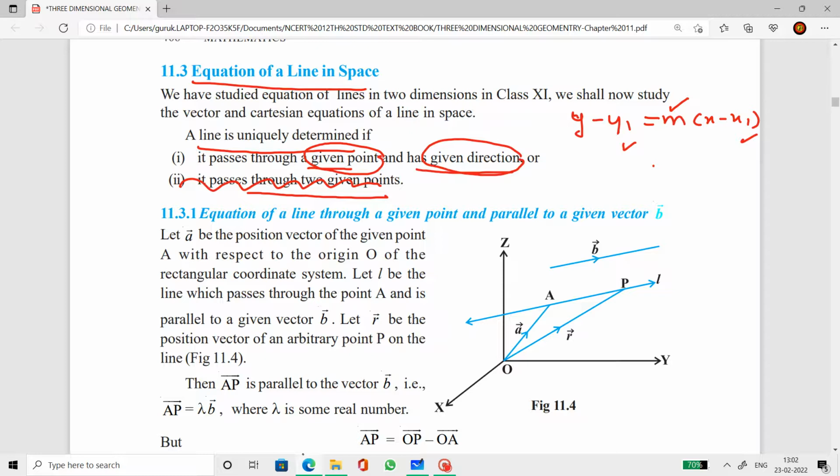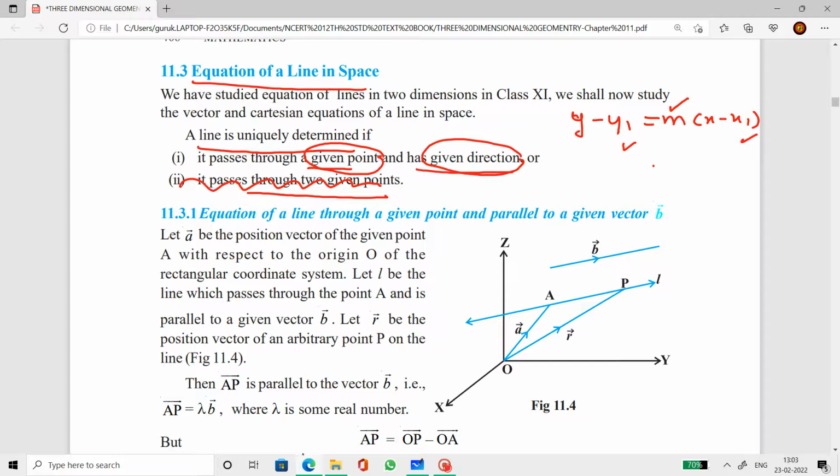So whenever there is a question focusing on the equation of a line in a space, just look for these two pieces of information. One is a passing through point, two is a direction vector. The rest of the things will automatically rely on this information only. So there is no need to learn multiple formulas on the same concept. Okay, so let us see the concept here.